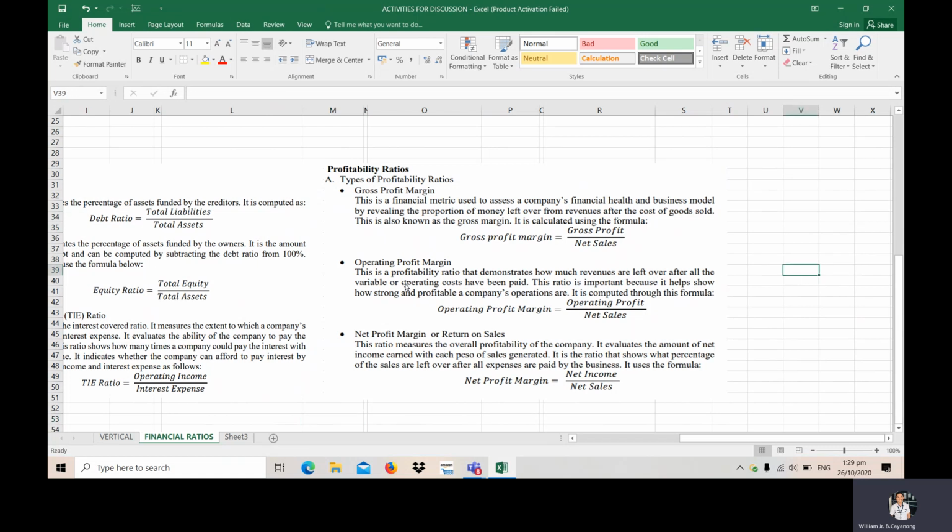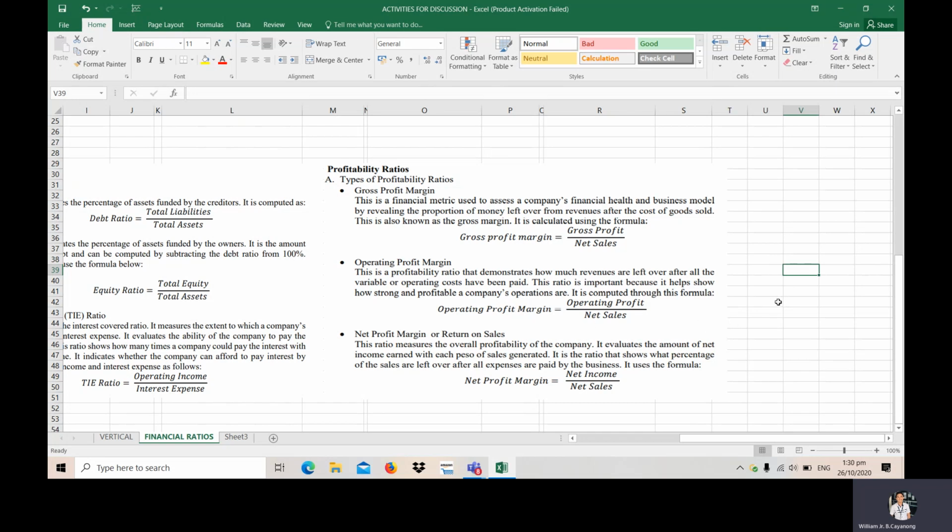Next is operating margin. This is a profitability ratio again that demonstrates how much revenue is left over after all the variable or operating costs have been paid. This ratio is important because it helps show how strong and profitable a company's operations are.